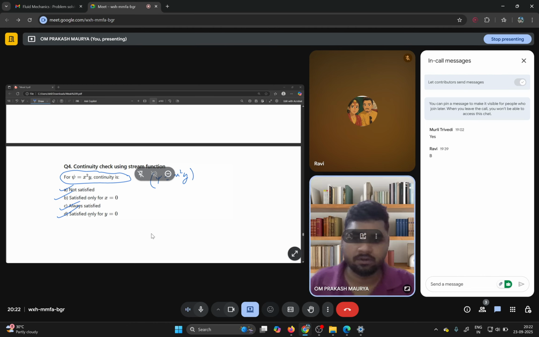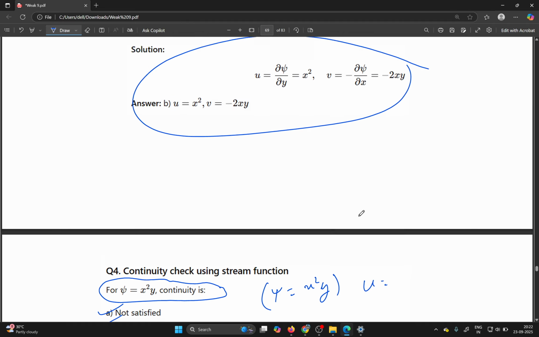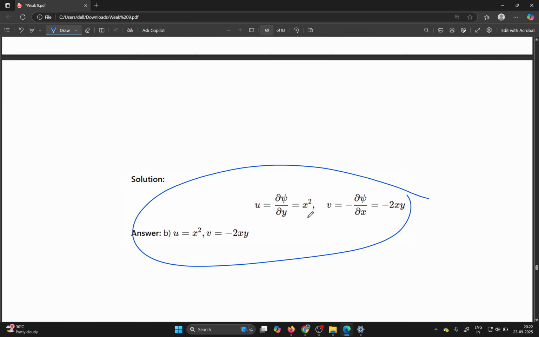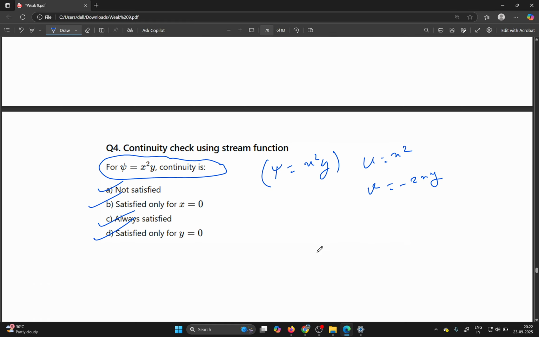Okay, so now I want to show you the answer. Here you need to check the continuity. We have already calculated your u value. U is nothing but x square and v is minus 2xy. For the continuity, you need to just check with this formula.